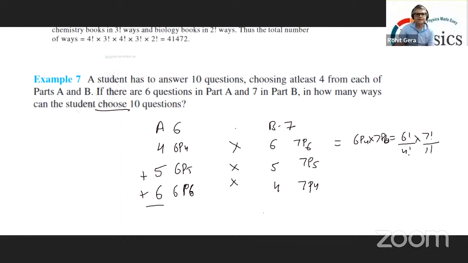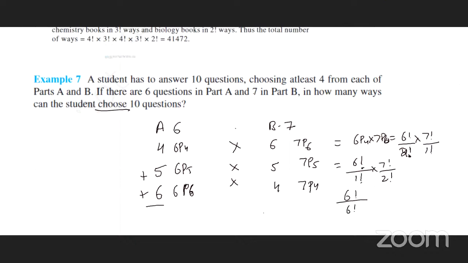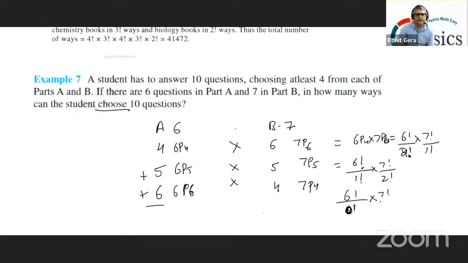And this will be 6p5, 6 factorial upon, sorry, this will be 2 factorial, right? 6 factorial divided by 1 factorial multiply by 7 factorial upon 2 factorial, and this will be 6 factorial upon 0 factorial, 6 factorial into 7 factorial upon 3 factorial.